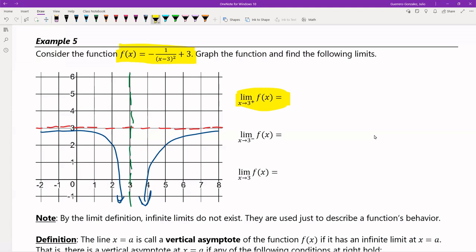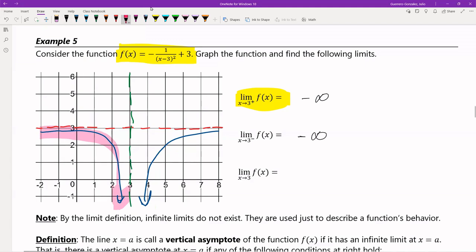The limit as x approaches 3 from the positive side. Okay? So again, I'm going to do the same thing. I'm going to whoosh this way, right? Hopefully you guys see that the limit for this one is negative infinity. Okay, and if I do the exact same thing from the other end, right, that is also negative infinity, right?